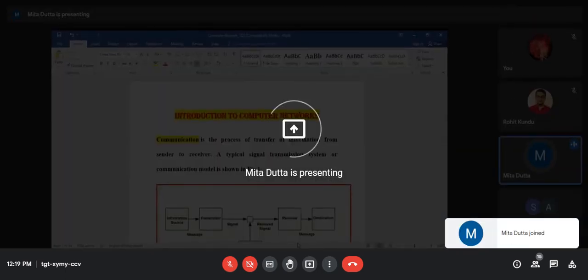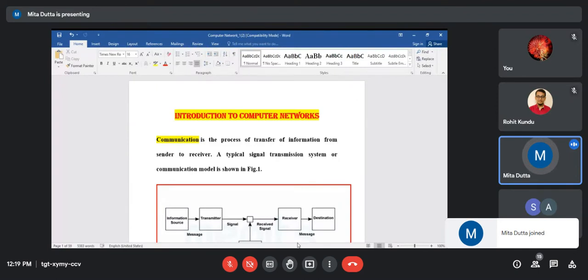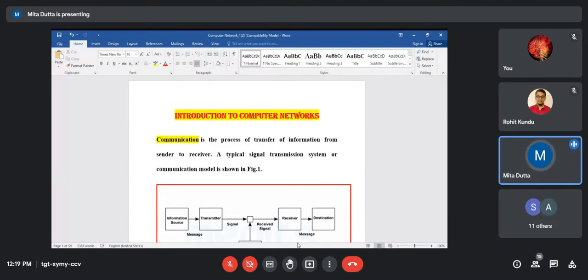So we are going to start with Introduction to Computer Networks. And this is the first topic of your Computer Network course, Part 2. Before going into detail on computer networks, we first have to have some idea about a communication system or model.